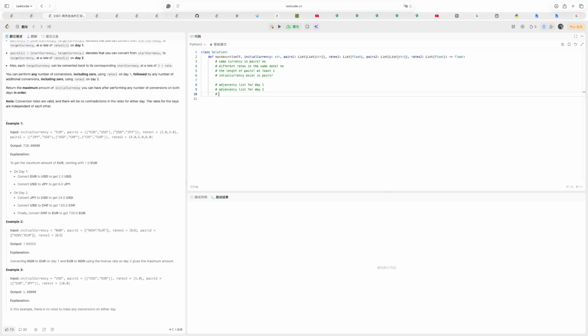I think it will be a dictionary where the key will be the currency, and the value will be the amount.